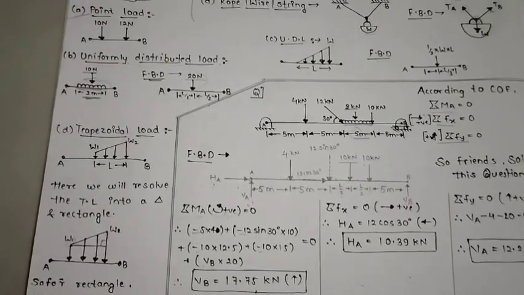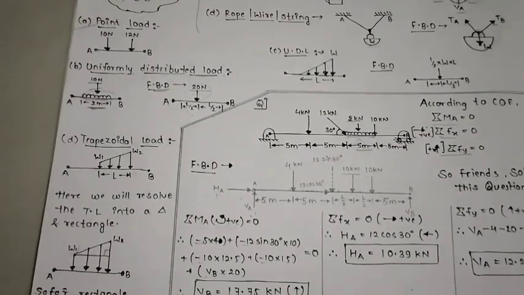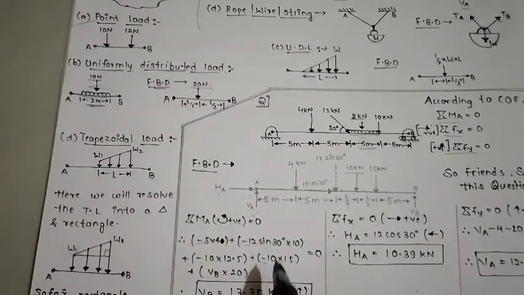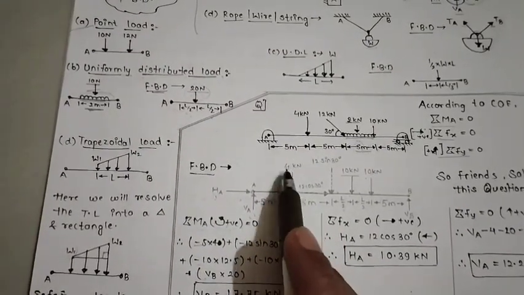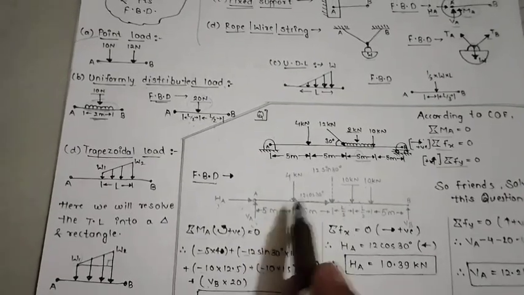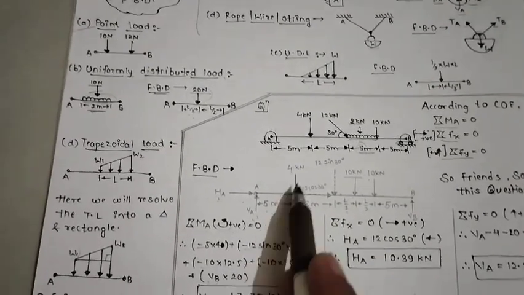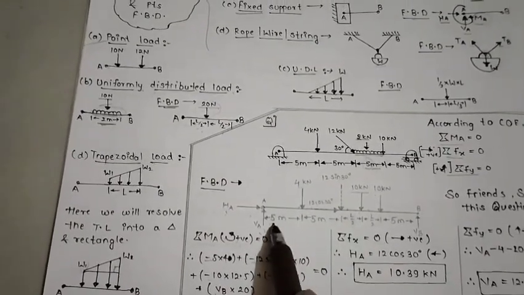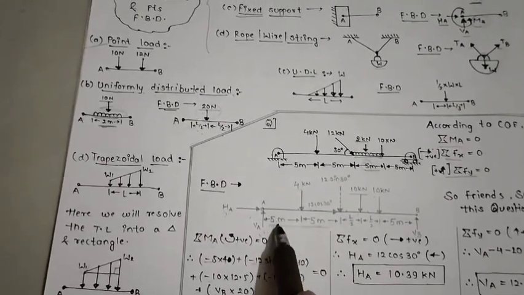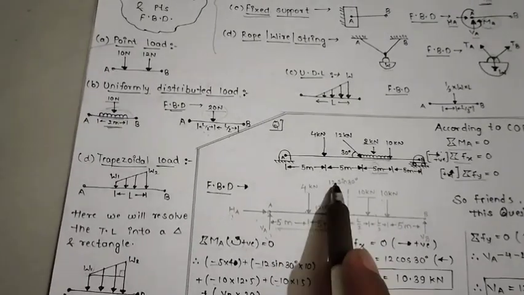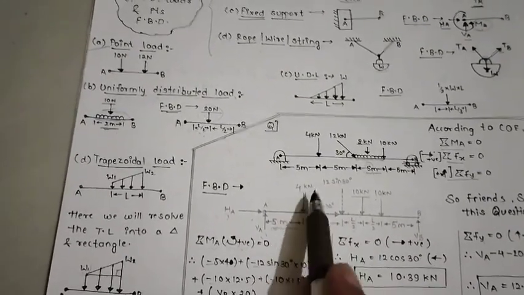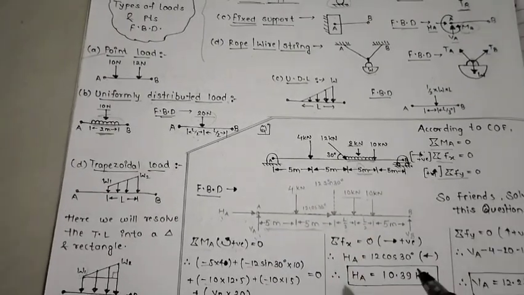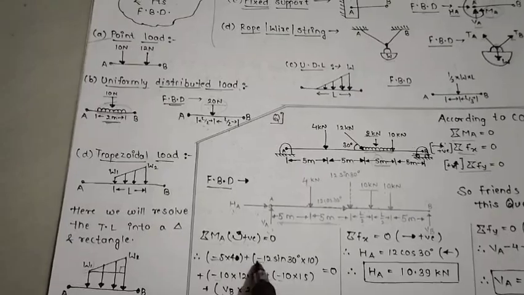As I have told you in the previous video, there is a formula to calculate moment: you simply multiply the force with the perpendicular distance. So for 4 kilonewton, 4 into 5, and for 12 sin 30 you have to add both distances, that is 5 plus 5, that will be 10, into 12 sin 30. You have to consider the sign as well: as both these forces are downward, it is clockwise, hence I have taken the minus sign.